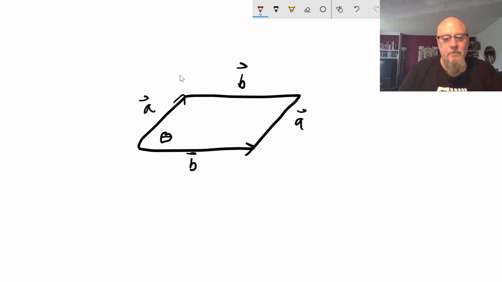If I were calculating this area in any other math class without vectors, we would say, I want to know the height here, and I know this height would be magnitude of A sine of the angle between them. And so the area of a parallelogram would be this length times its height.